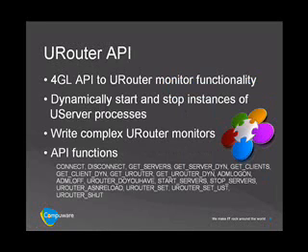The URouter API provides 4GL access to the URouter monitor functionality. This will allow things such as dynamically starting and stopping instances of the UServer. It will allow you to write complex URouter monitors. It will allow you to dynamically reconfigure the URouter. The API includes a number of functions allowing you to fully utilize the functionality of the URouter monitor.